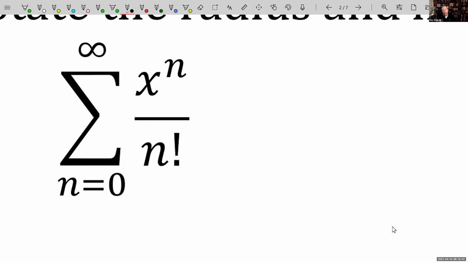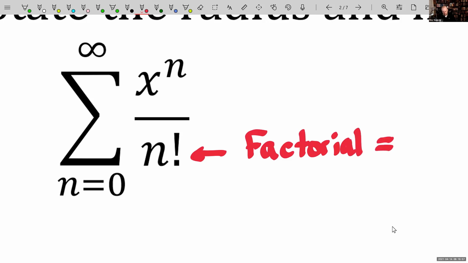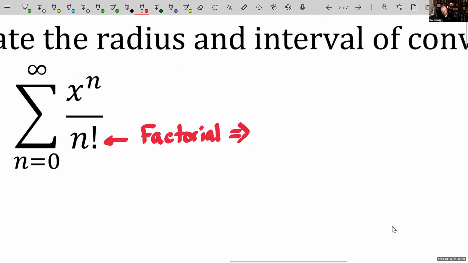For example, I'm not going to use the integral test because it has a factorial. So factorial implies no integral test. Just not going to do the integral test. It's a terrible test to use if you have a factorial. In fact, it's impossible to use if you have a factorial.